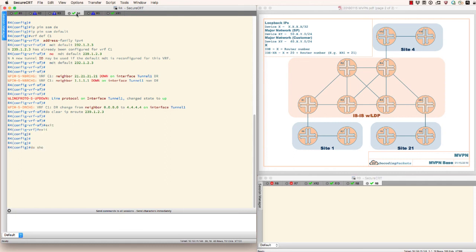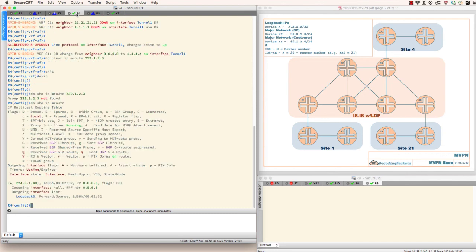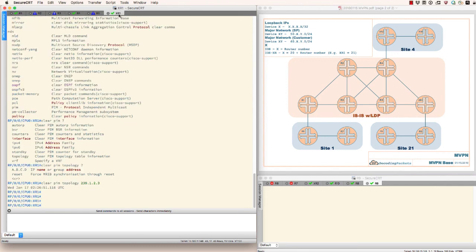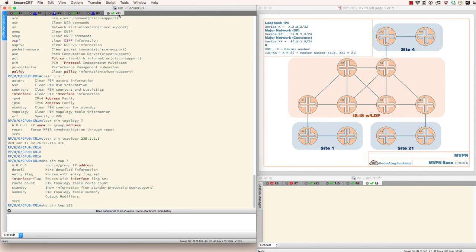So we'll say do show IP mroute 232.1.2.3. And that group is not found here. The multicast routing table just has that auto RP group that remains there by default. How about XR1? Sometimes they behave a little bit differently. So do show PIM topology, and this would be 232.1.2.3.